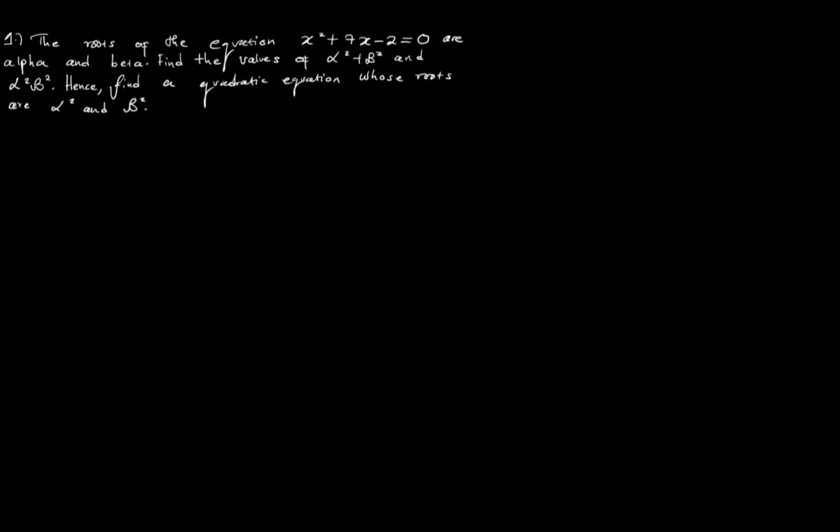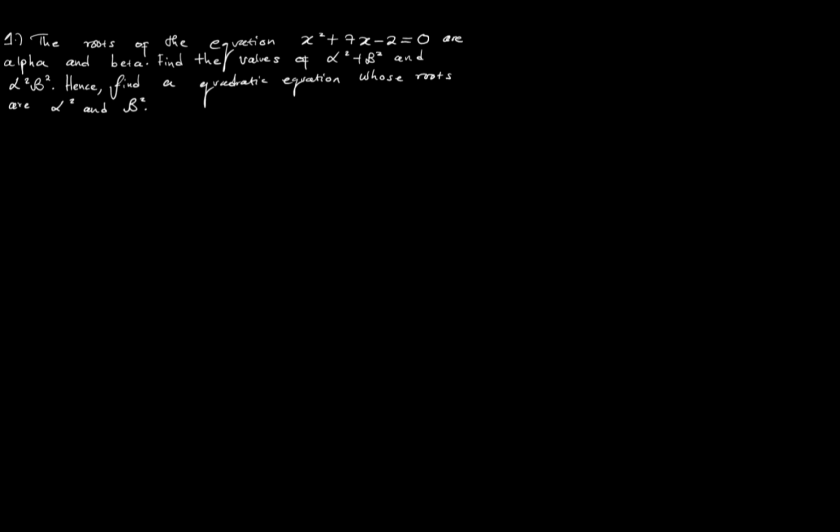Now we need to find the values of alpha squared plus beta squared and alpha squared beta squared. Not only that, we also need to find a quadratic equation whose roots are alpha squared and beta squared.